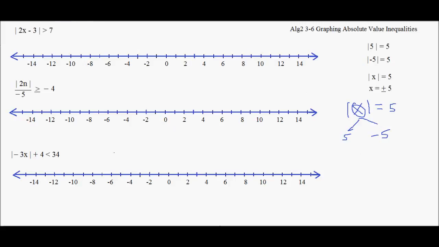If I say the absolute value of 2x minus 3 is greater than 7, this value has to be greater than 7 or it has to be a negative greater than a negative 7, because if this was negative 8, the absolute value of negative 8 is 8, right?